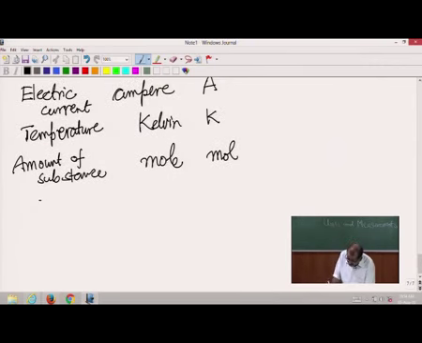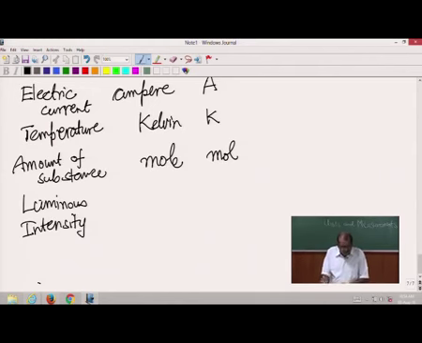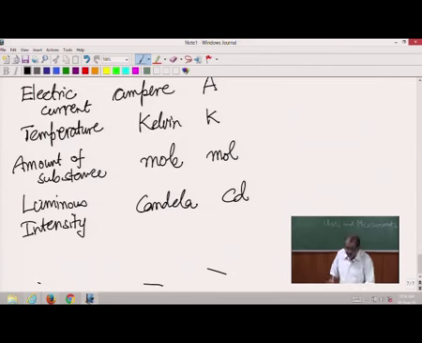And the seventh basic quantity in the SI system is luminous intensity, that is how bright something is shining, and the unit for that in SI units is candela with symbol cd. So, these are the 7 basic units.